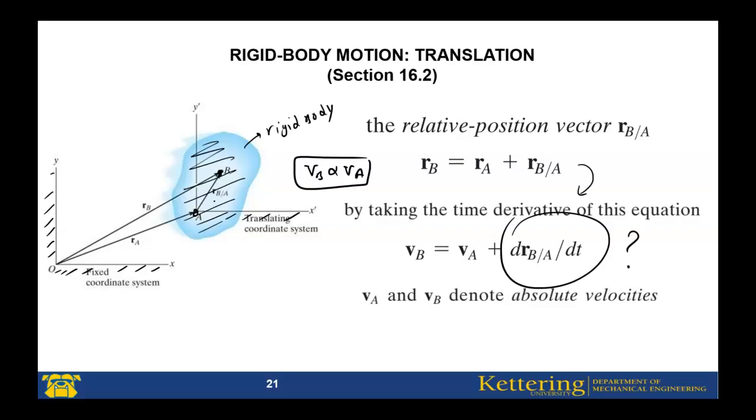It shows the relative position between A and B for the rigid body during the time. How much is it? Does it change? Yes, zero. It is 0.